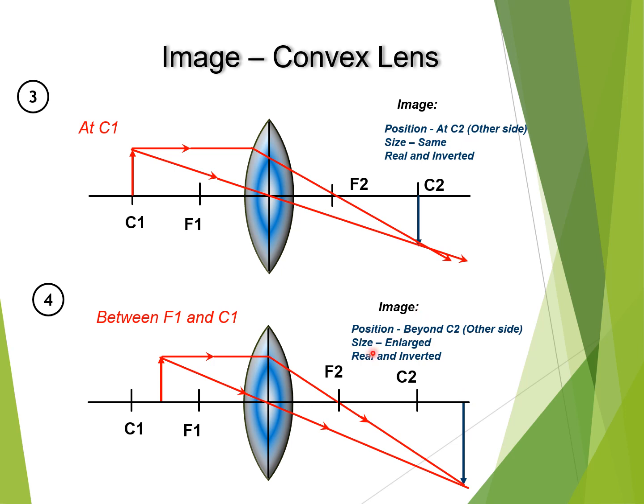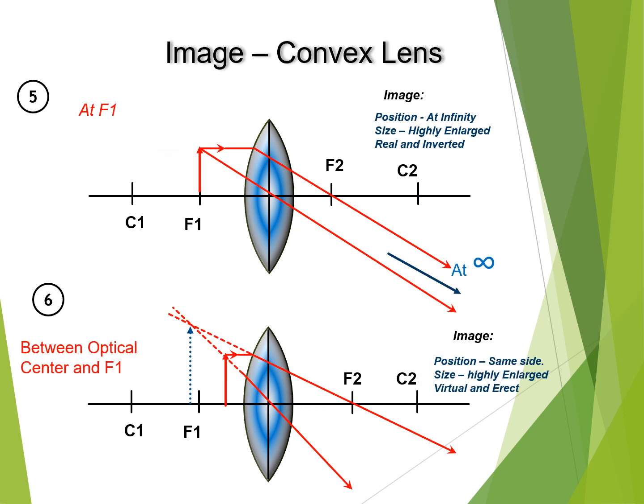So here, if the object is placed between center of curvature and focus in front of the convex lens, then the position of the image shall be beyond center of curvature on the other side. Its size shall be enlarged and it shall be real and inverted, right? So these are four cases. Now we move further closer to the lens.